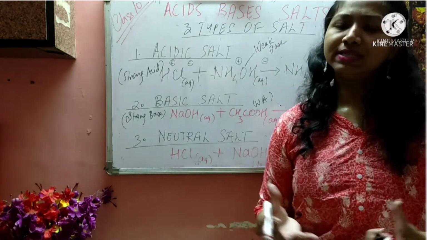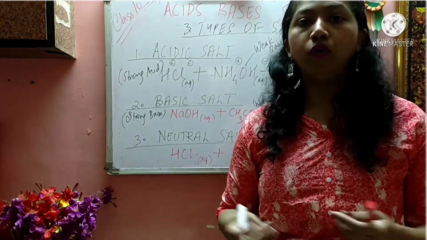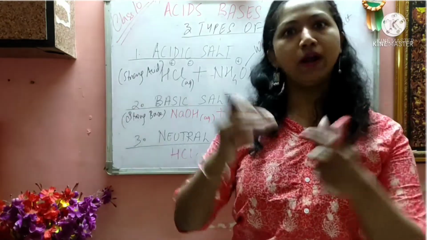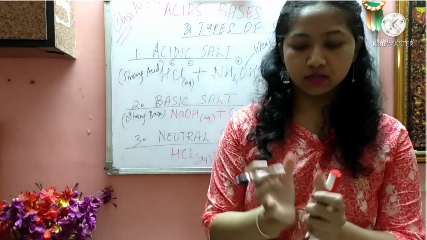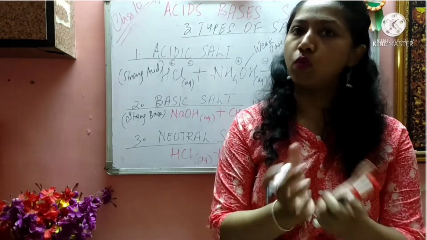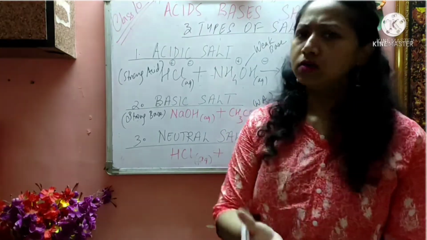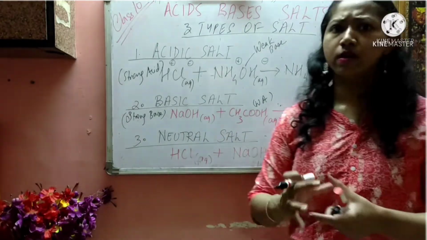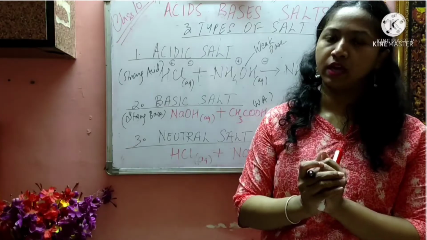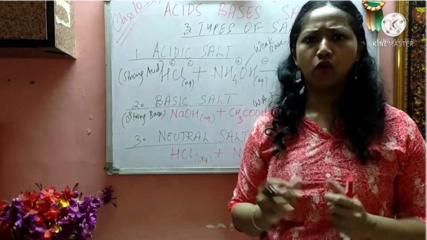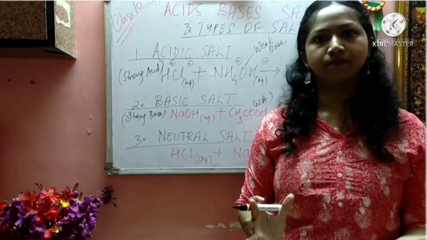Obviously, if you want more acid, you need to add more acid, meaning the solution should be more concentrated. So if you want a more basic salt, you're going to take strong base. If you want a more acidic salt, you're going to take strong acid.